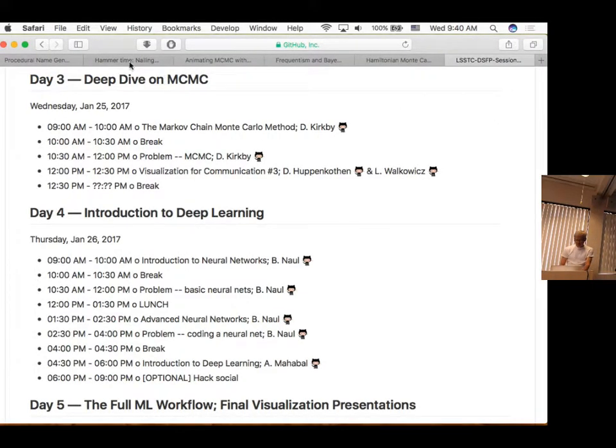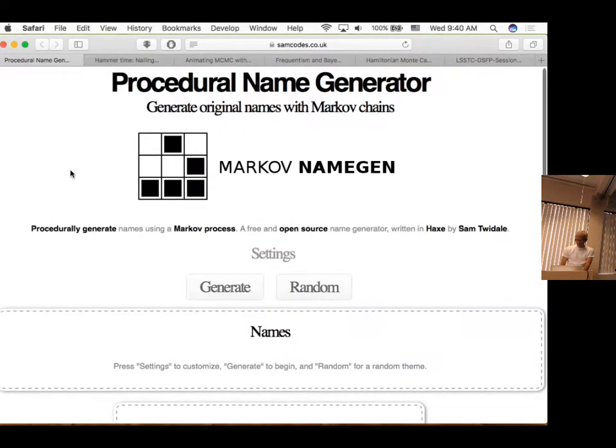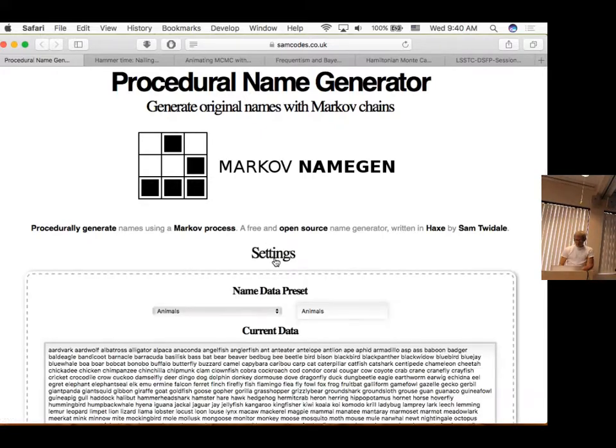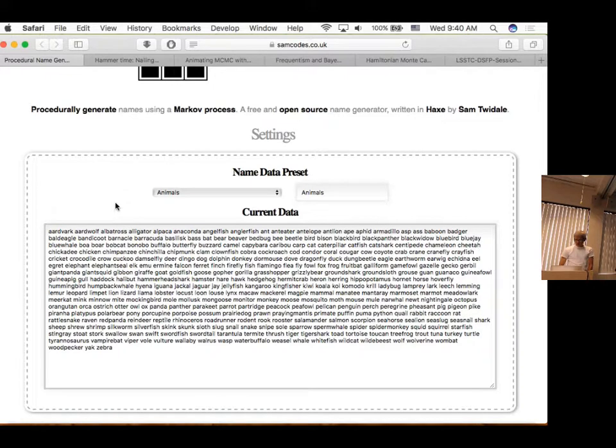I'll show you there's a link here which shows you randomly generated words. Yeah, here we go: a procedural name generator using Markov chains. Now you need to get your frequencies from somewhere, right? In natural language processing, the data that you train on is called the corpus.